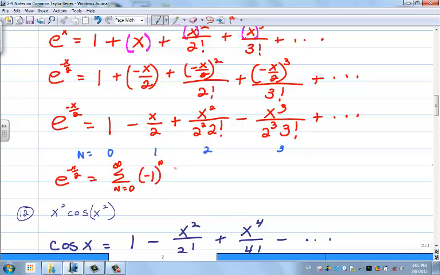And then x to the n, because your power on x is always matching your number on n. And then in the bottom you're going to have over 2 to the n power times n factorial. And you're set. So that one wasn't too bad, really.